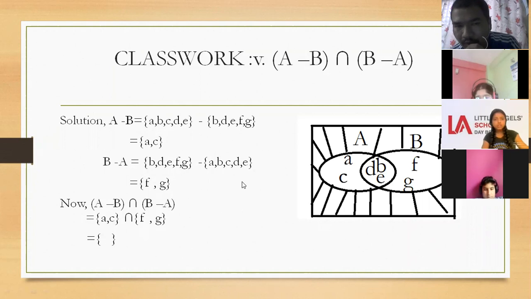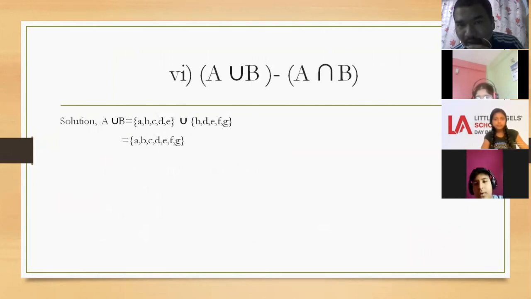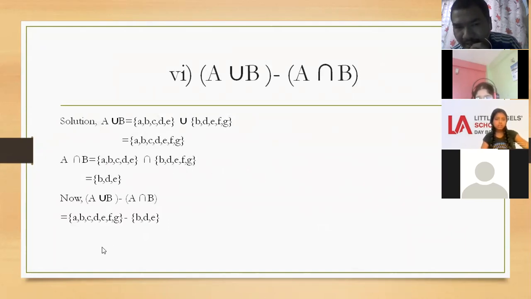Okay, sir. Now I am going to show you the next slide. Look here. A union B, we find A union B first. We know how to find it, I have just explained. A intersection B also, I told you how to find it. Then we have to subtract them: A union B minus A intersection B. Then what will be your answer?